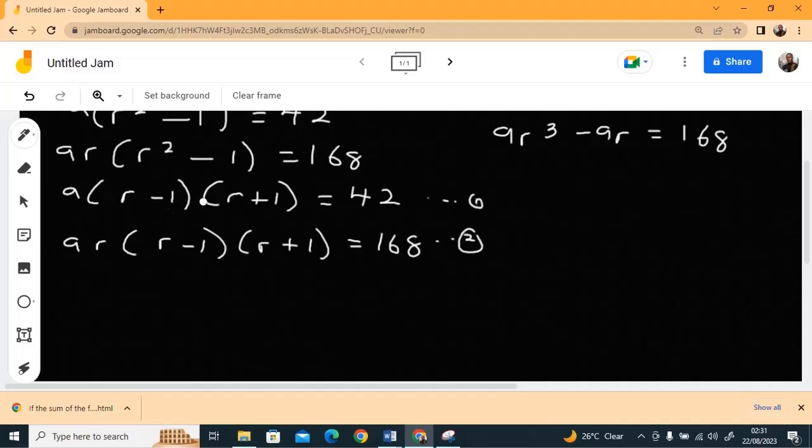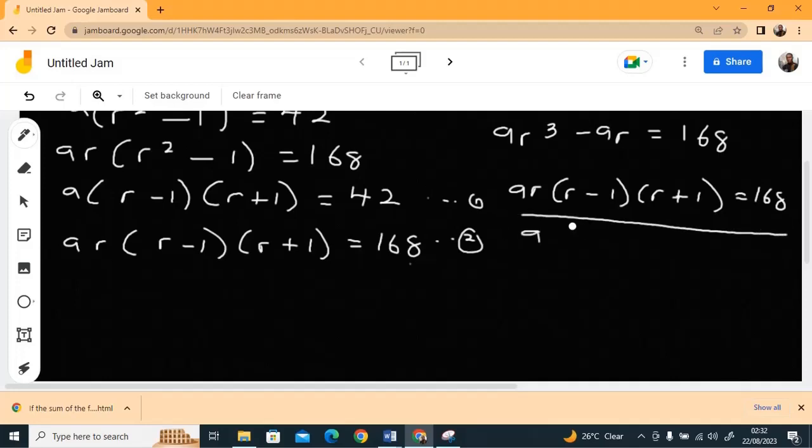Now since both of them look alike, I'm going to divide equation 2 by equation 1. So it's going to be ar(r minus 1)(r plus 1) over a(r minus 1)(r plus 1) equals 168 divided by 42.